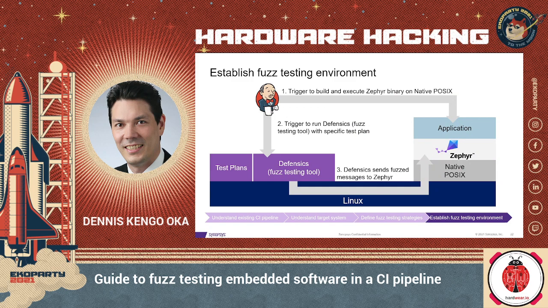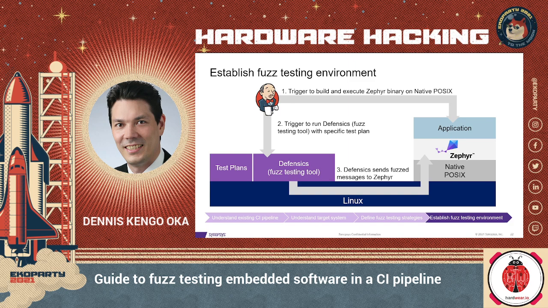And finally, we have our fuzz testing environment. Here we have Jenkins as the automation server. In the first step, it triggers a build and executes Zephyr on native POSIX, as you can see here on the right-hand side. This is running on top of Linux.